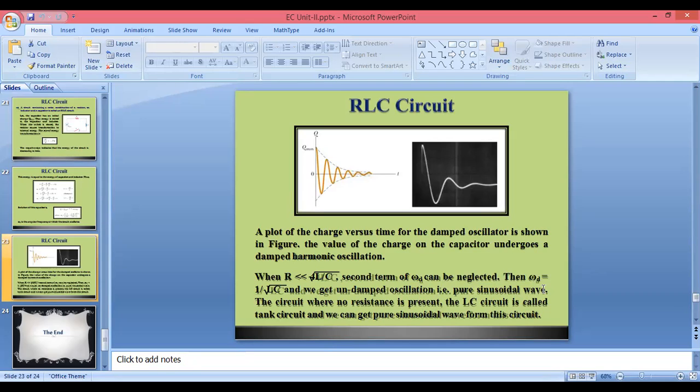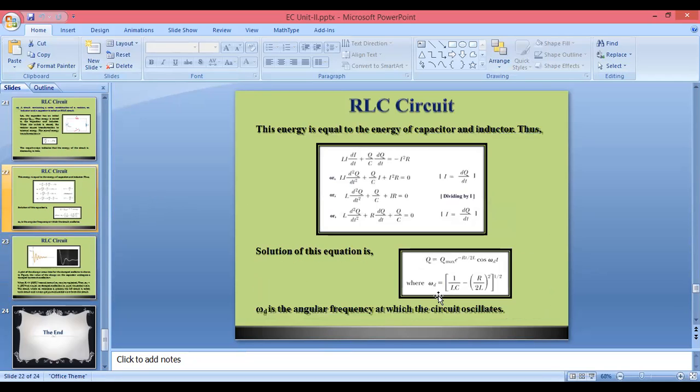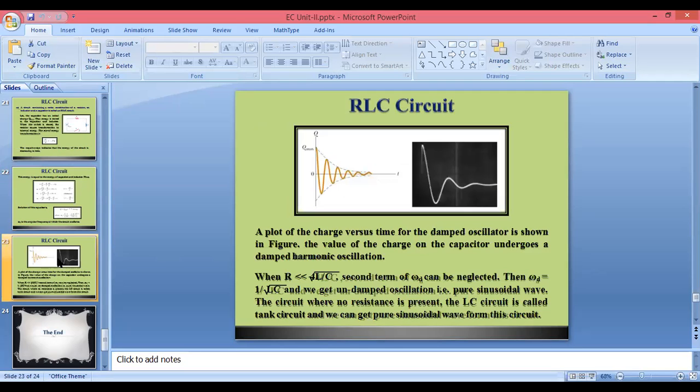And if there is a damping, at that time the equation of angular frequency, ये angular frequency का equation, यदि वहाँ पे damping है, at that time you can take this equation, 1 upon LC minus R upon 2L whole square, and all these things are in the square root. बट यदि रेजिस्टर का वैल्यू 4 स्क्वायर रूट ऑफ L by C से कम है, at that time we can neglect, and that time the response is undamped.